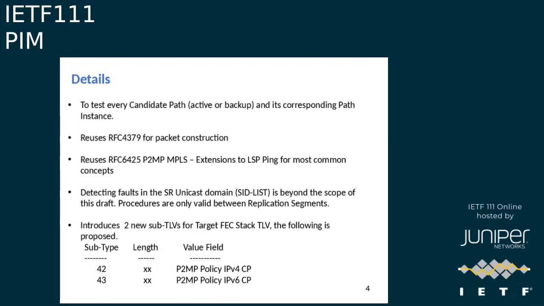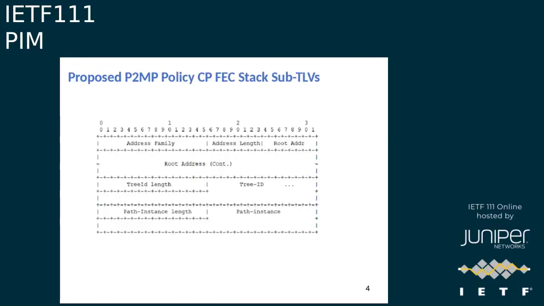So the reason I said, by the way, IPv4 and IPv6, those are the root addresses. Again, if there's a better name for it, we are all ears. Right now, as I read it, I realized it might be a little misleading because the point-to-multipoint policy is really MPLS or SRv6.